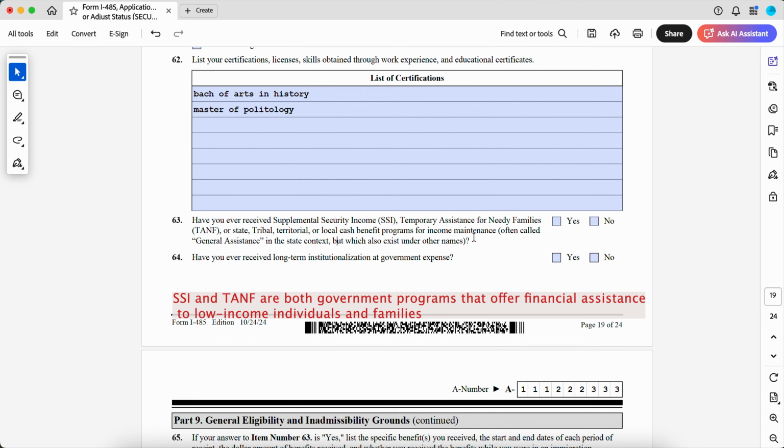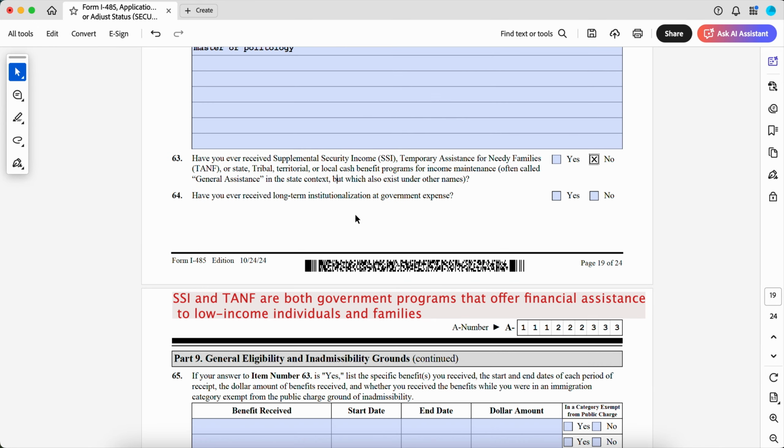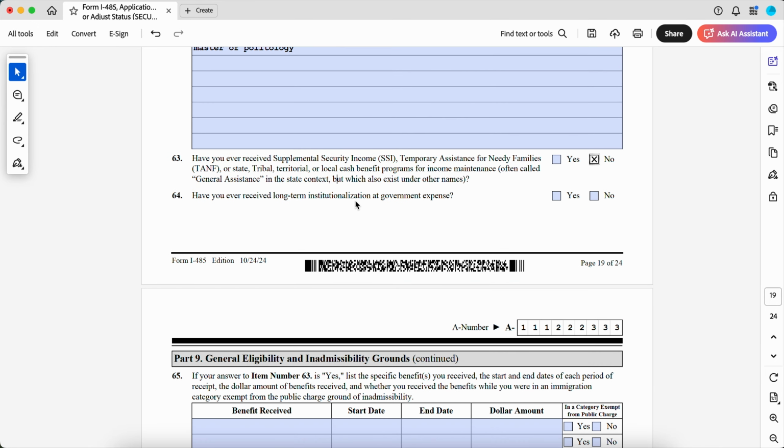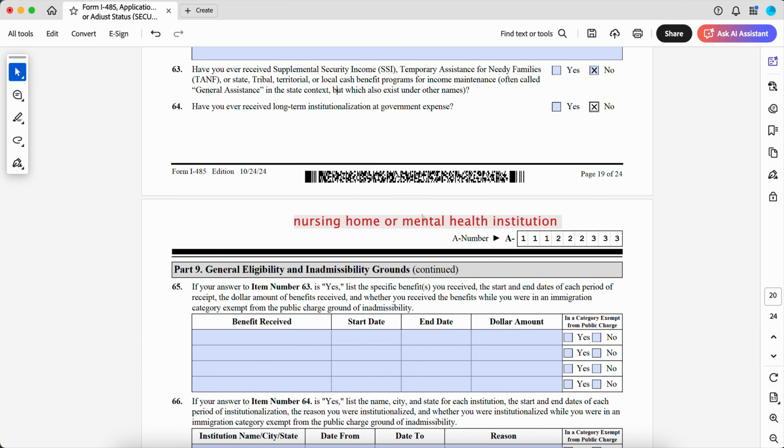If you have not, you just write no. Then, if you received those benefits, you write when, what benefit you received, from which date to which date, and the dollar amount of the benefits.